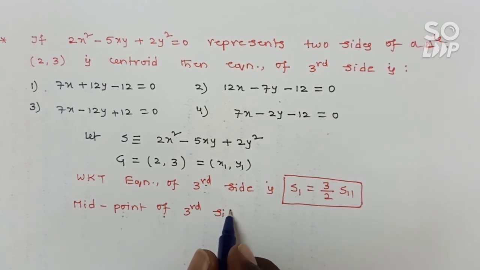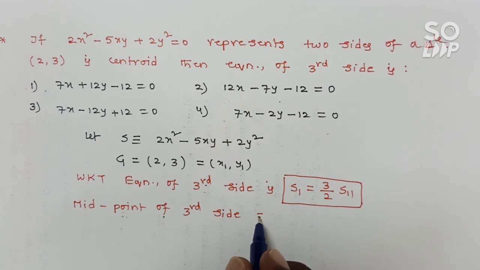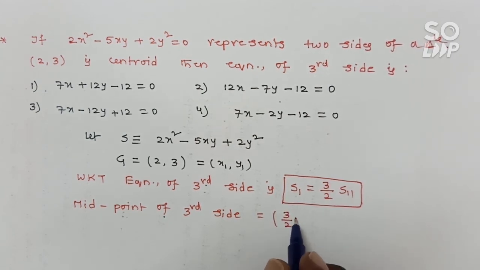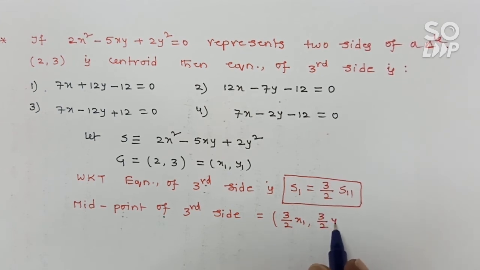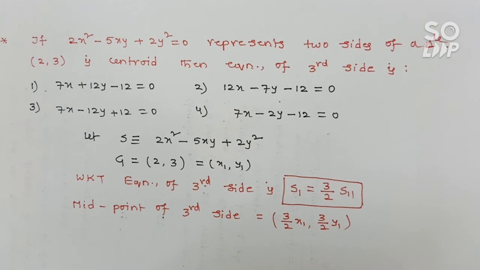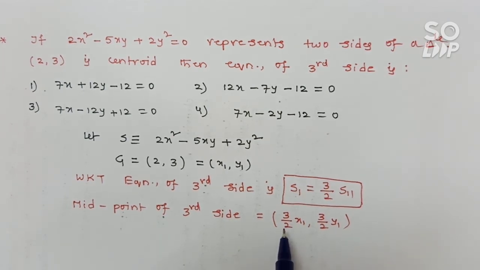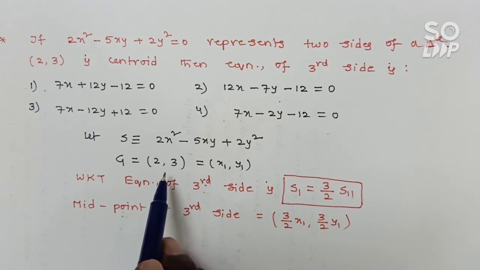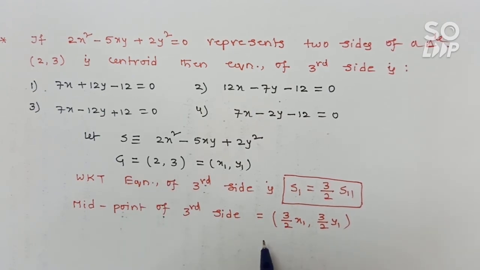The midpoint of the third side is equal to 3/2 into x1 comma 3/2 into y1. So this one is the midpoint of the third side. Now you apply that. Here x1 comma y1 is 2 comma 3.